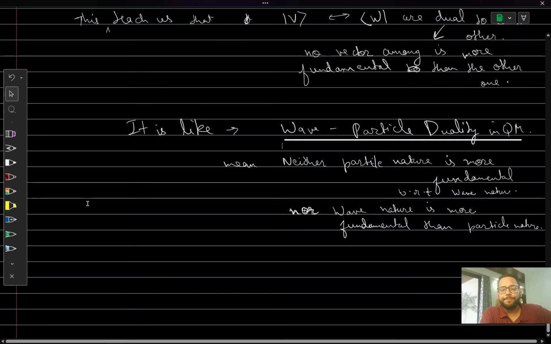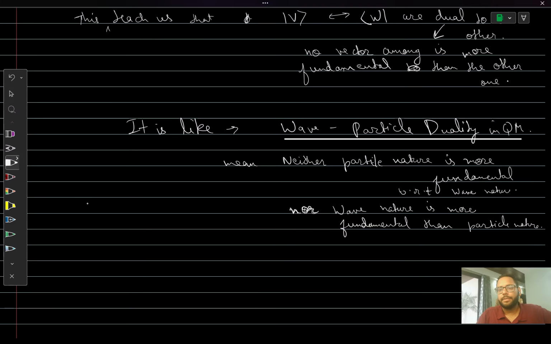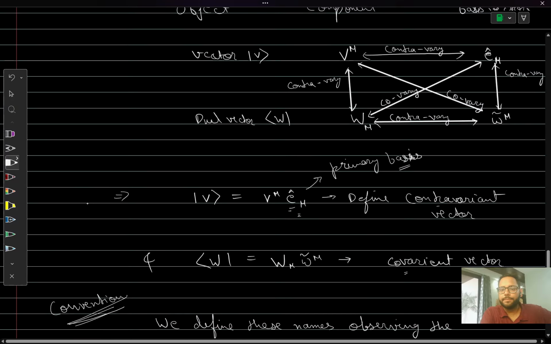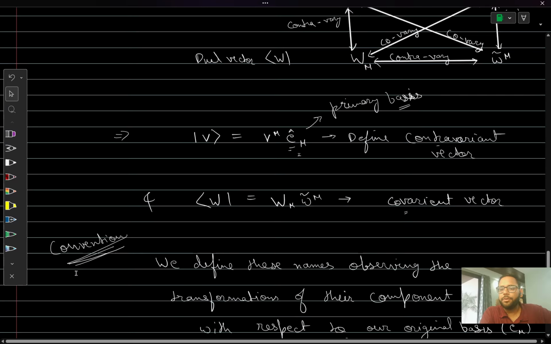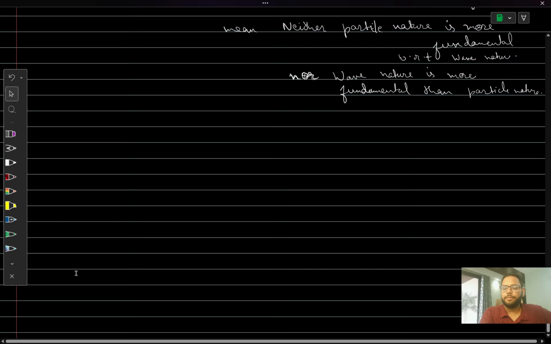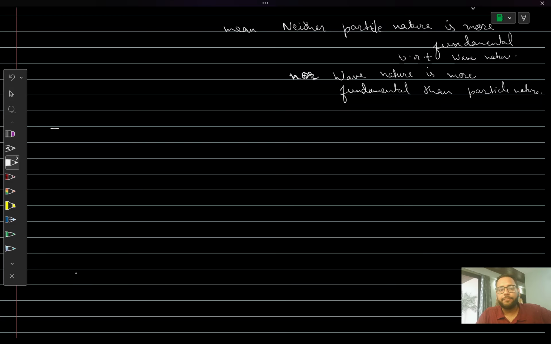So this is the duality, that's why we call them dual vectors. And that's how we define covariant and contravariant vectors.